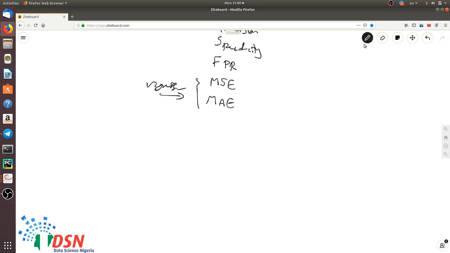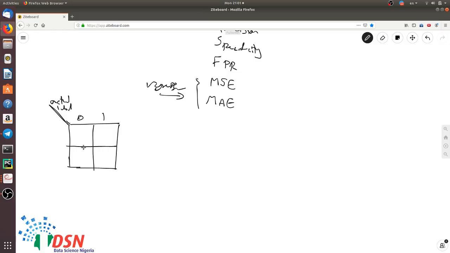Okay, so in a two class problem, we could create a matrix for our results, for our predictions. Let's say we have a matrix, and it is related to the actual label. So we have 0, 1.